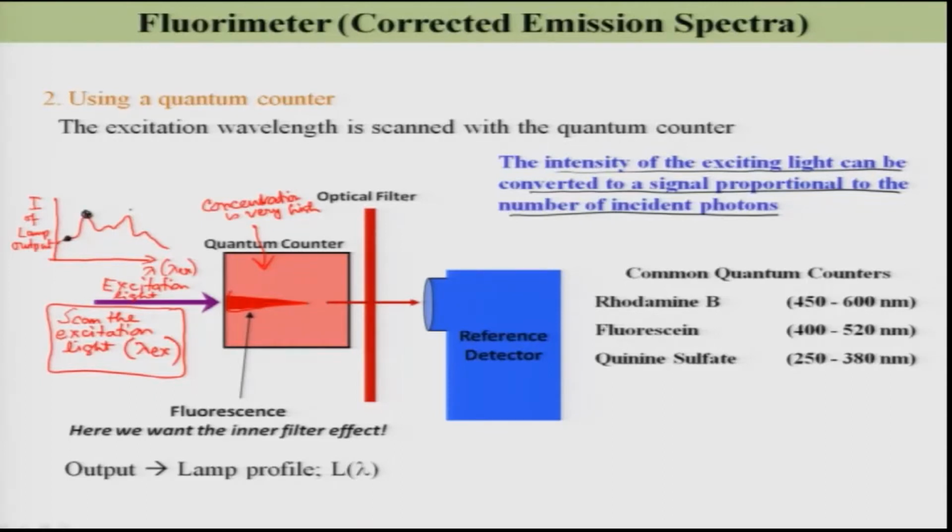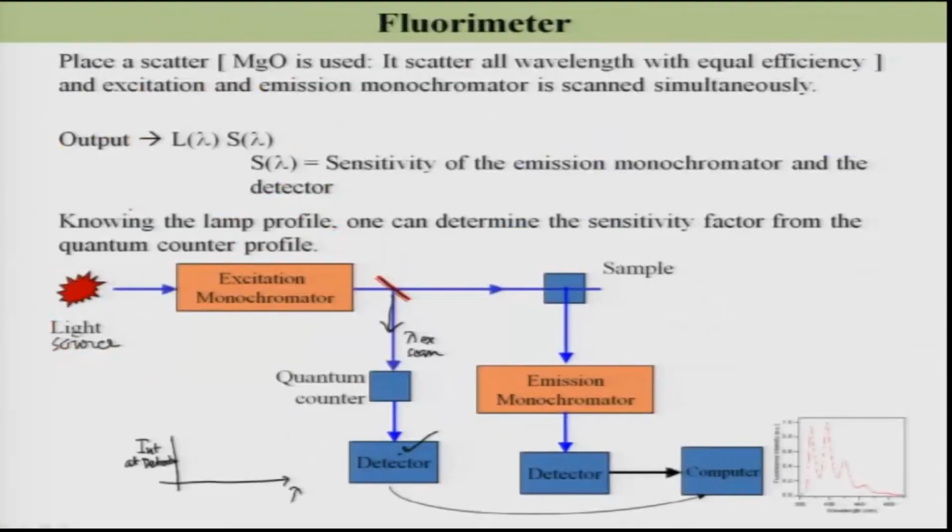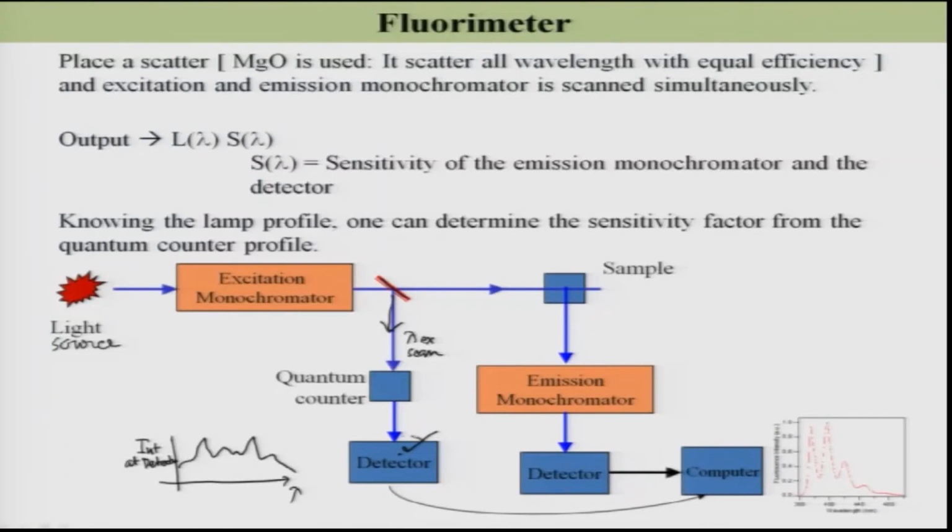So ultimately you are going to get a similar profile. Note here, this emission spectra, and I said earlier that the response of the detector is not the same, so I need to correct. Do I need to correct the intensity for this particular detector, or is it okay? That we are going to discuss in the next class. Thank you very much.